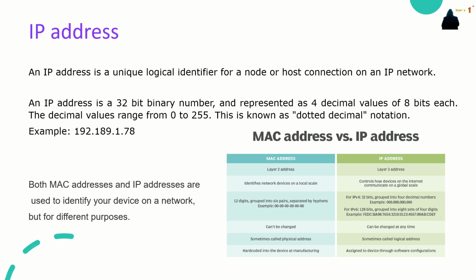But there are many differences between MAC address and IP address. For example, MAC address works in layer 2 and IP address works in layer 3. Also, about the structure: the MAC address has 12 digits, and the IP address has 32 bits and decimal numbers.